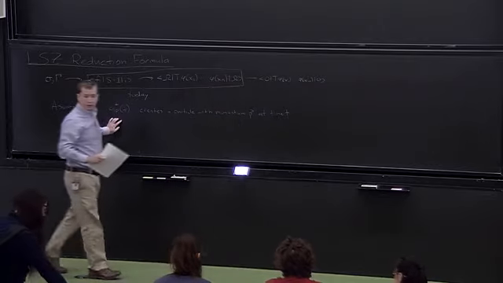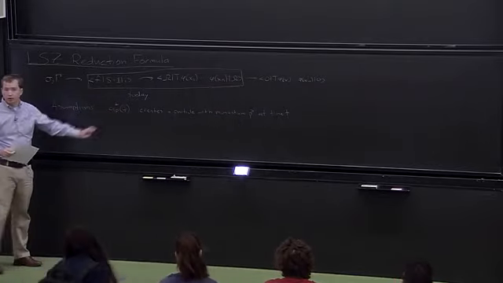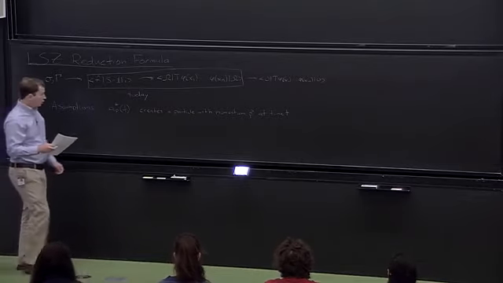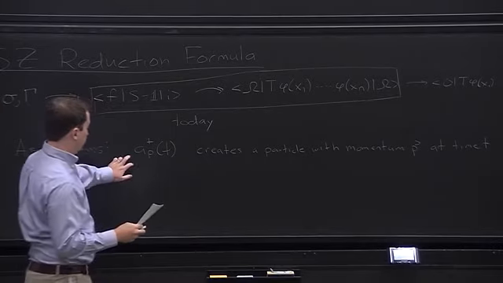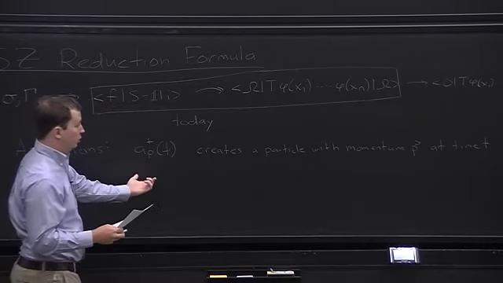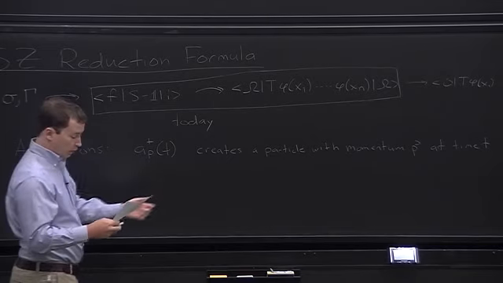There should be some operator that does that, and we'll just call that our creation operator. Furthermore, we'll assume that the annihilation operator annihilates the particle with momentum p at time t.